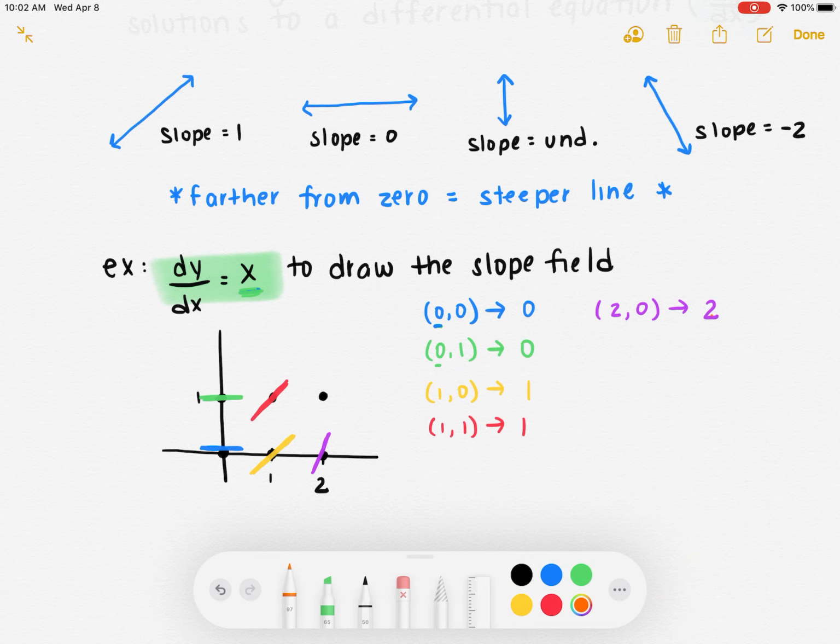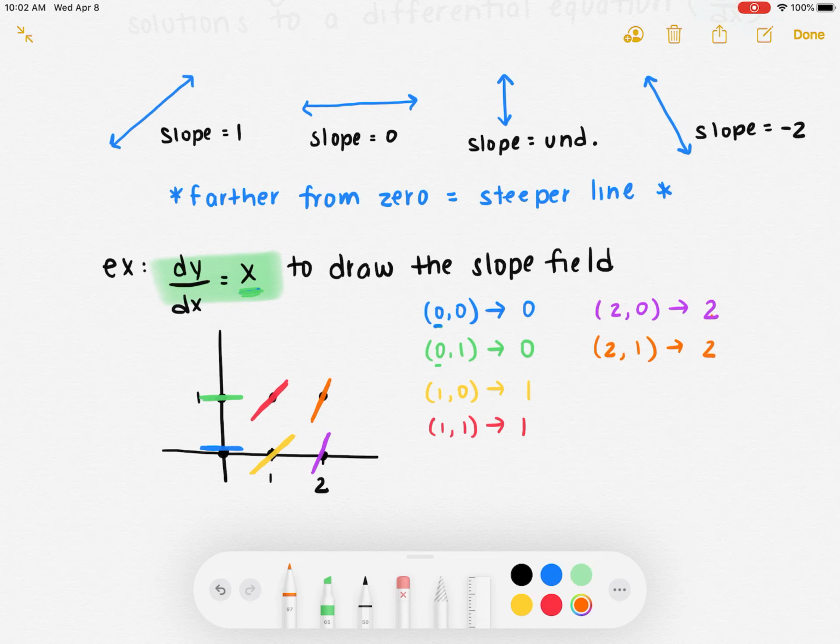They're looking to be able to tell that the slope of 2 is steeper than the slope of 1, that you know that. So then I have 2, 1 is my last point, which gives me a slope of 2. I also know that slopes that are the same are parallel, so I want to make sure that when I'm drawing slopes that they're of the same value, that they look like parallel lines.